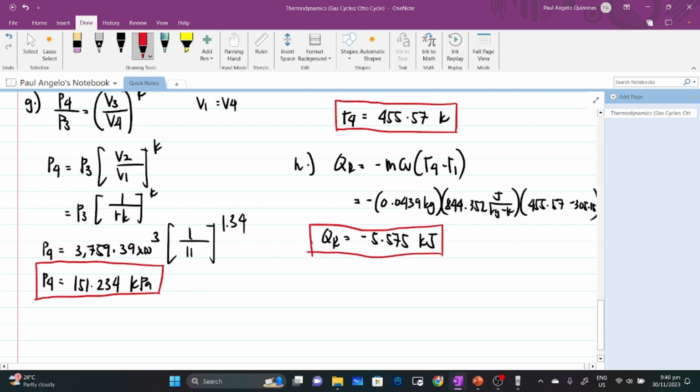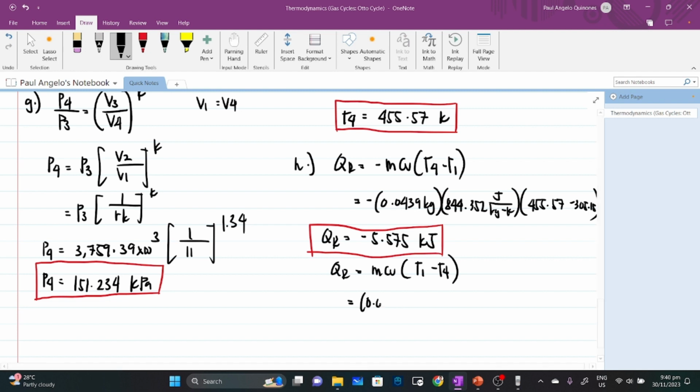Next, actually, if you use the other equation, which is QR equal to m Cv (T1 minus T4), we'll end up with the same magnitude. Let's try that.